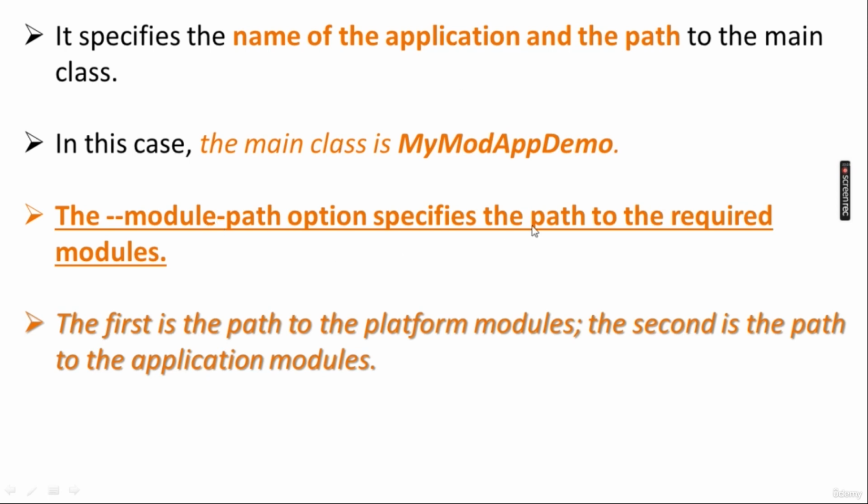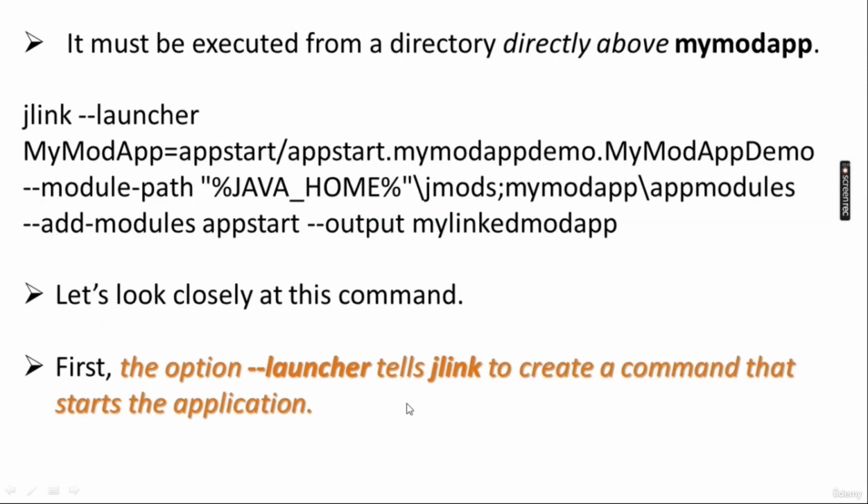The module path specifies the path to the required modules. What are the required modules? The first is the path to the platform modules. The second is the path to the application modules.